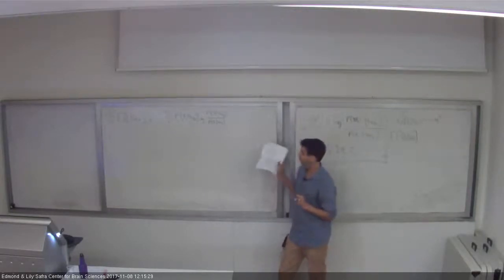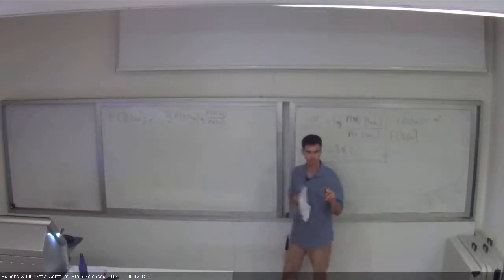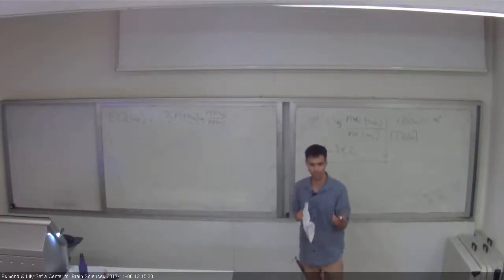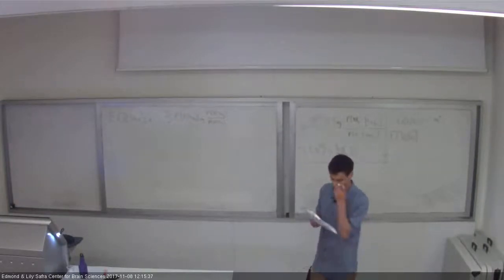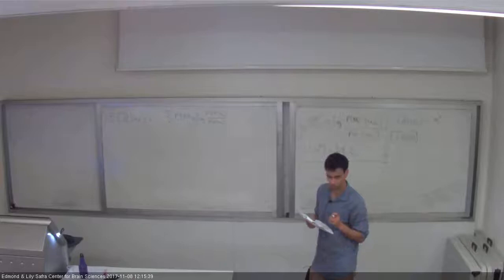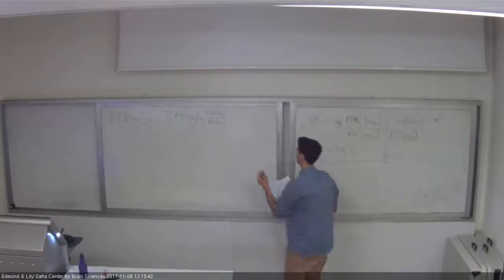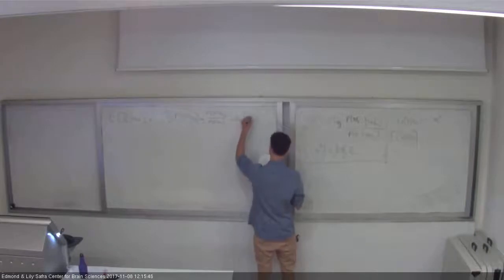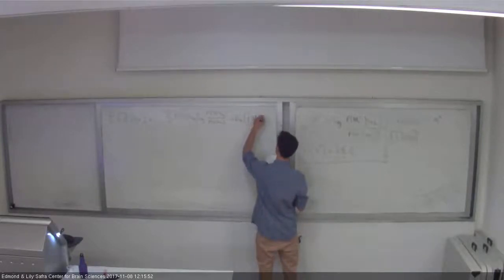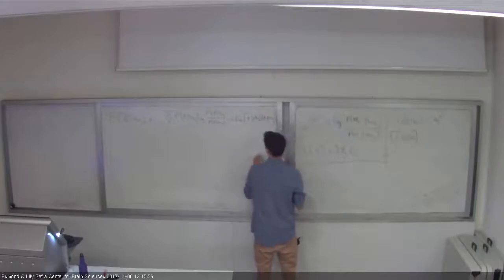You saw it in class. The DKL between P of x given omega 0 and P of x given omega 1. Exactly.